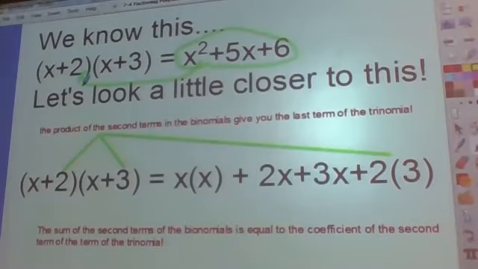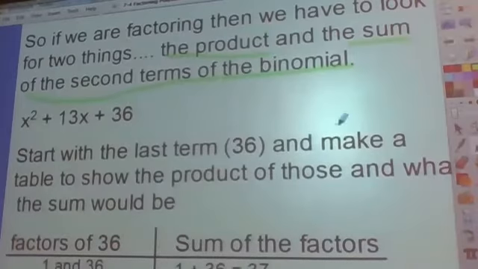We're kind of doing the opposite of what we already did. So we start with the very last term, 36, and list out all of its factors: 1 times 36, 2 times 18, 3 times 12, 4 times 9.